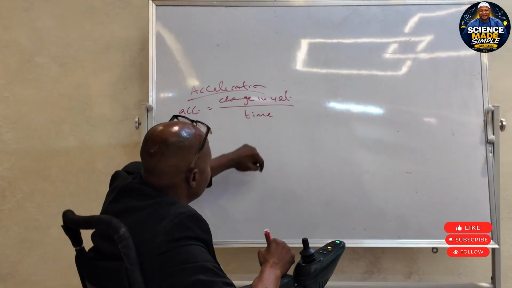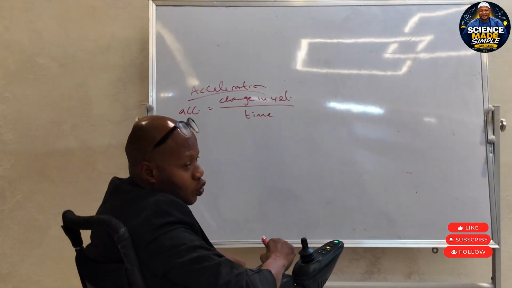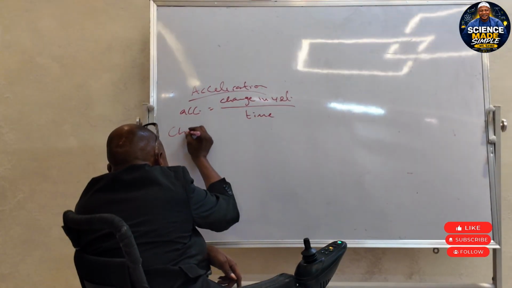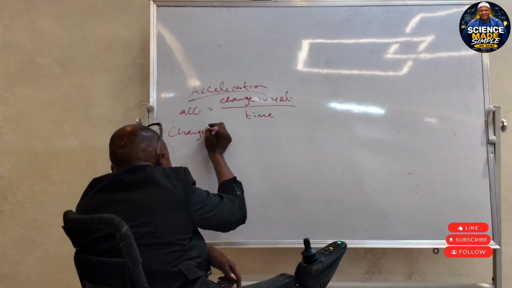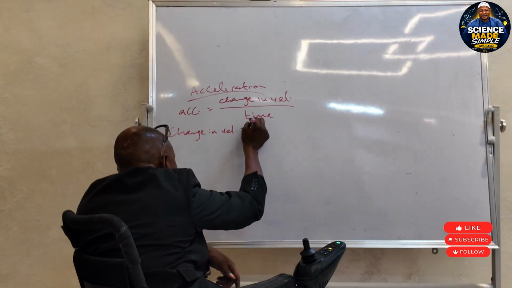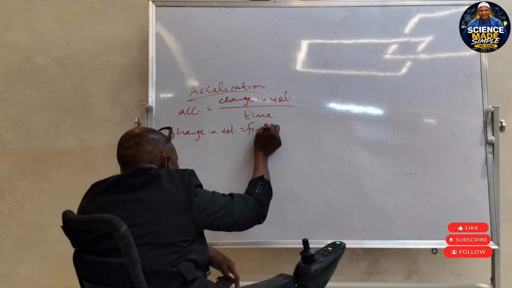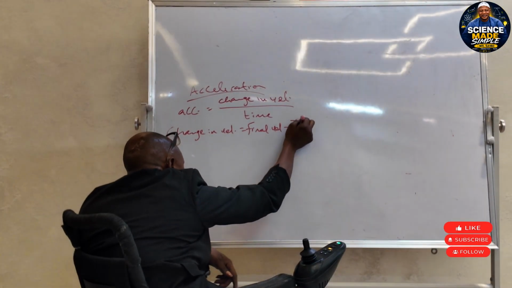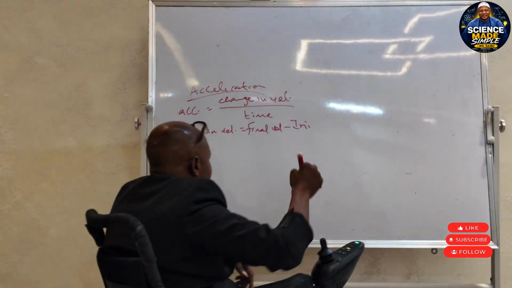The acceleration of the body is the rate of change in velocity with time. So when we say change in velocity, it is equal to final velocity minus initial velocity.